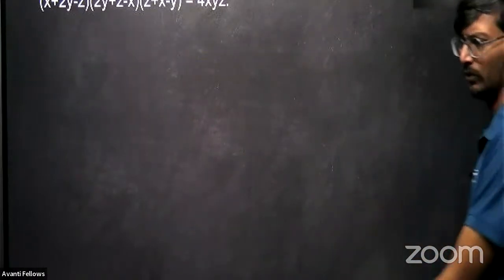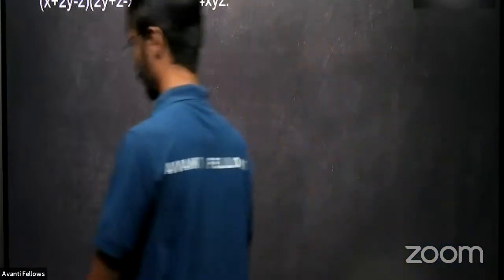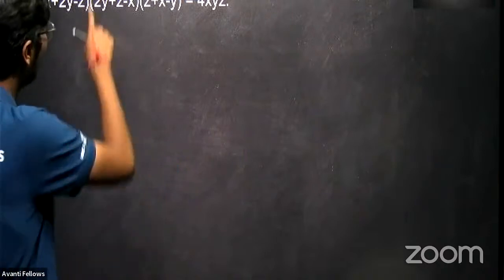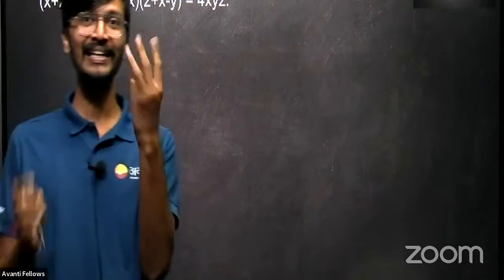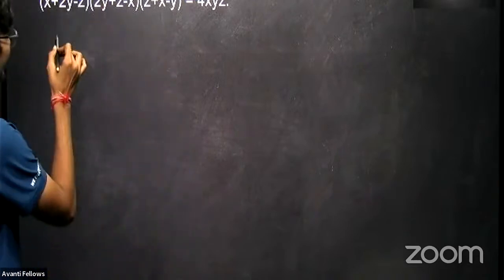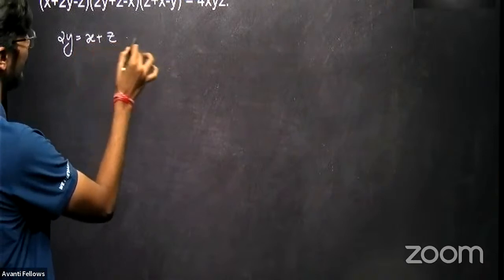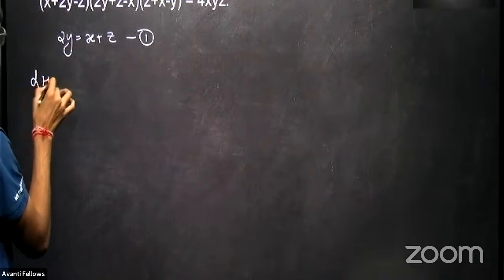Let's see one question and then we will end. Obviously NCERT: x, y, z are in AP. If 3 numbers are in AP, that means 2y will be equal to x plus z. Equation number 1. We have to show this. So let's write LHS.